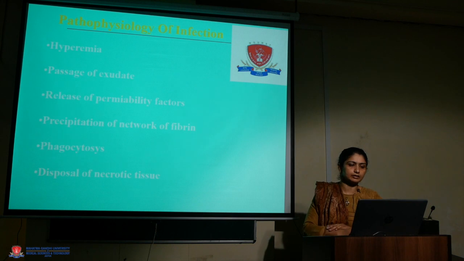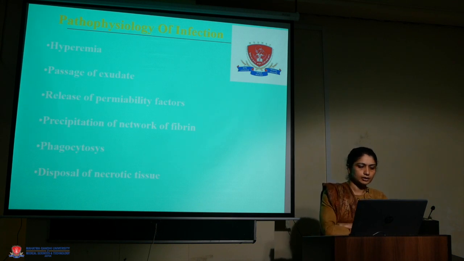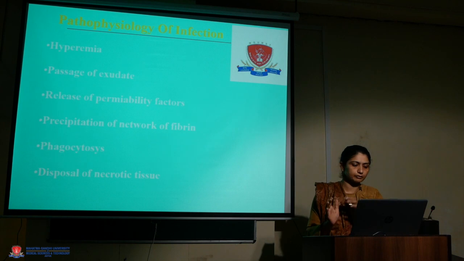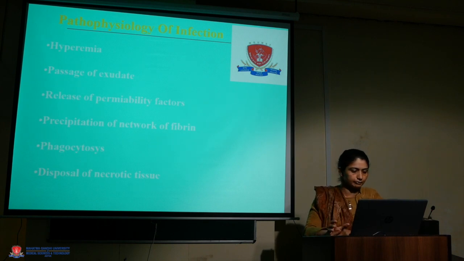Then we come to the pathophysiology of infection. First of all, there will be increased blood supply, hyperemia, and passage of the exudate, that will be the primary exudate that is formed. Then the permeability factors will come, and the precipitation of a network of fibrin that will take care of the spread of infection, so that it will be confined.